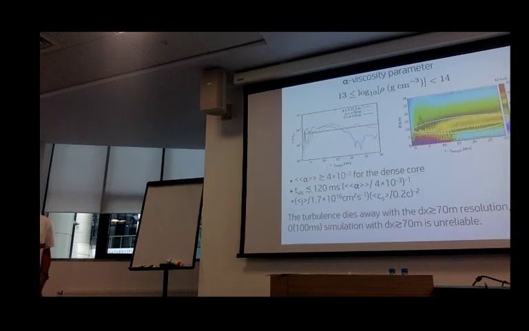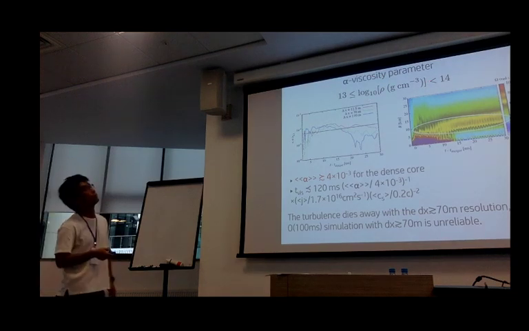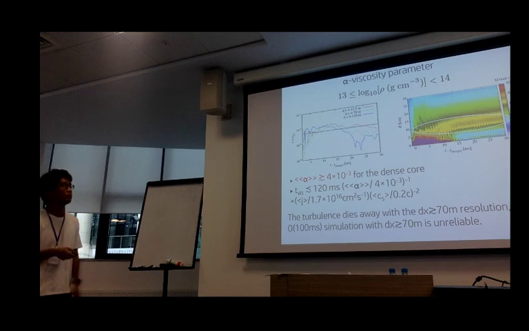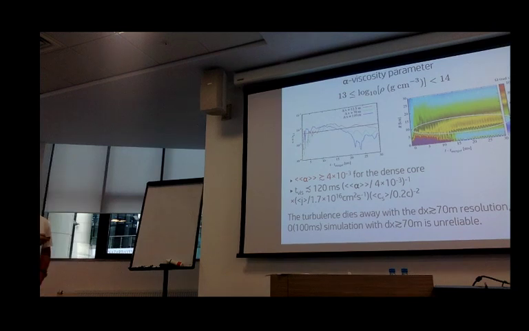So here is the alpha viscous parameter evolution in the core. Core is defined by the fluid element whose rest mass density is greater than 10 to 13 gram per cubic centimeter. And the different color means a different grid resolution.